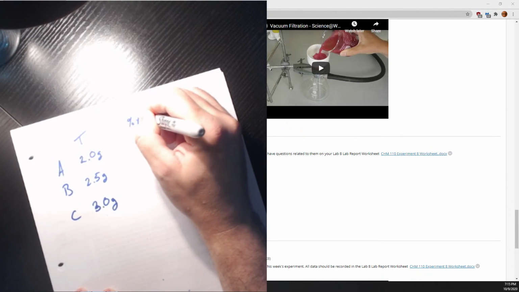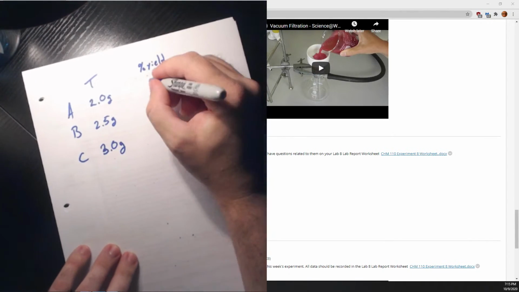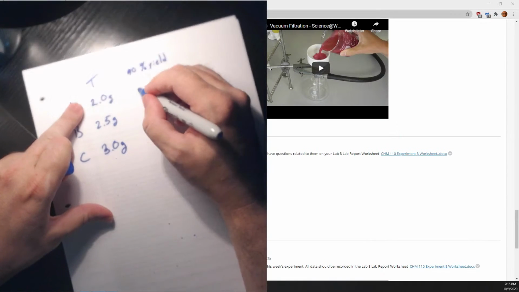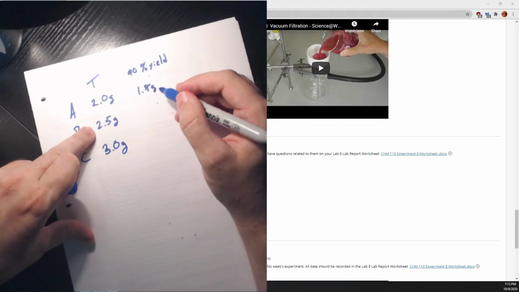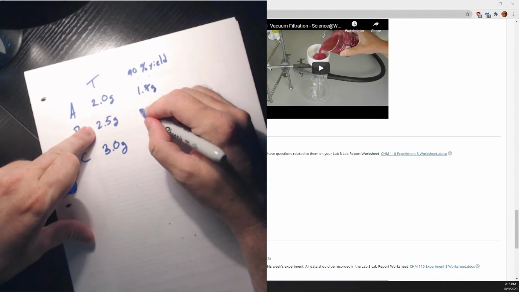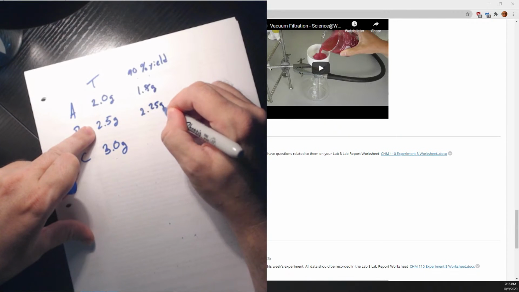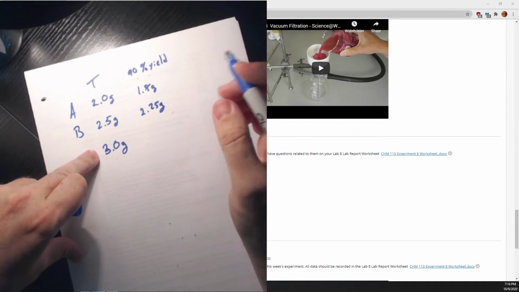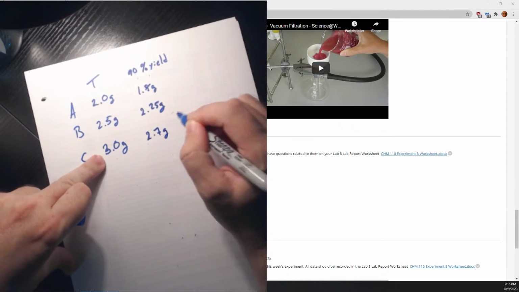Let's keep it relatively simple. Let's say you have a 90% yield. 90% of 2 grams would be 1.8 grams. 90% of 2.5 grams is going to be 2.25. And then for C, it's going to be 2.7 grams.